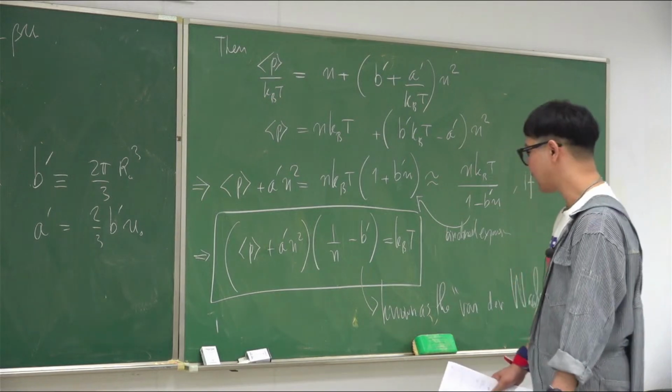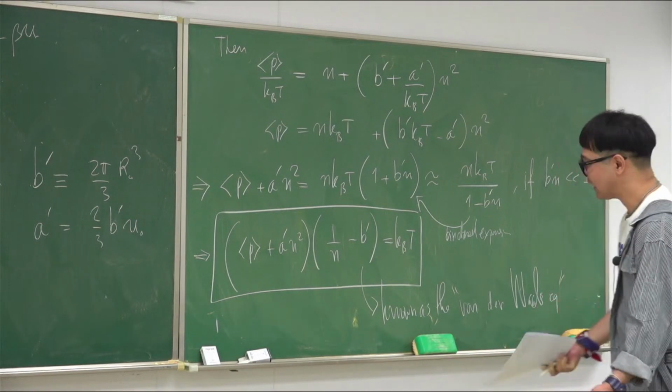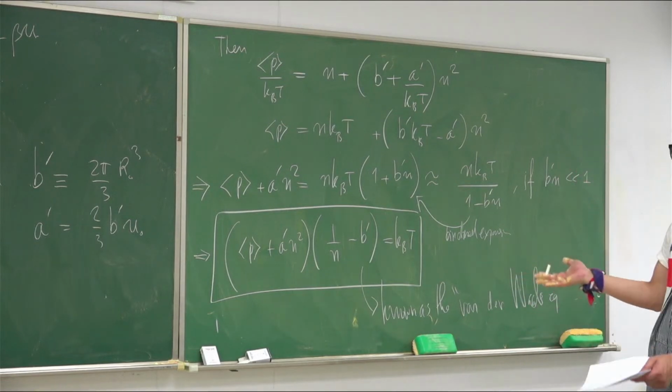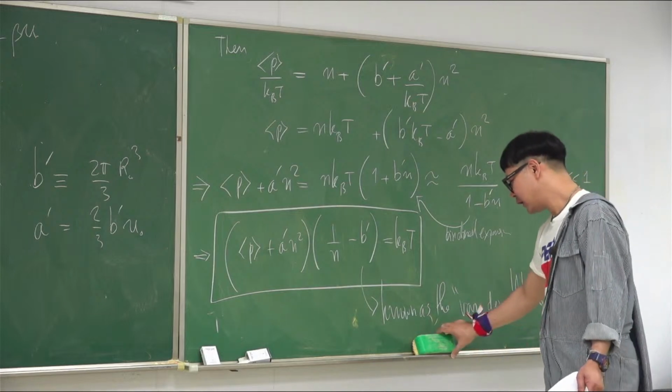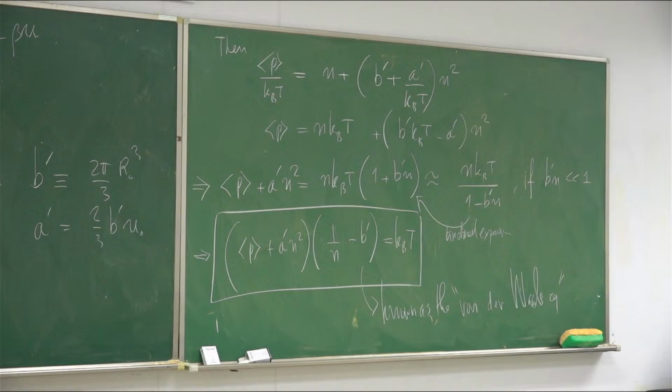But they don't show you how to get it. The reason why they did not show you any detail on how to derive this equation is because it's a very long calculation.